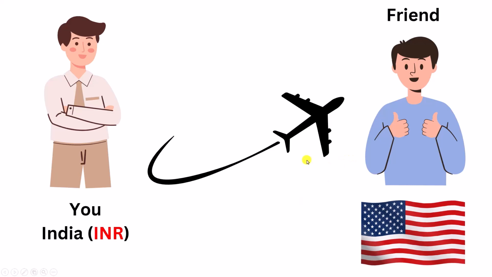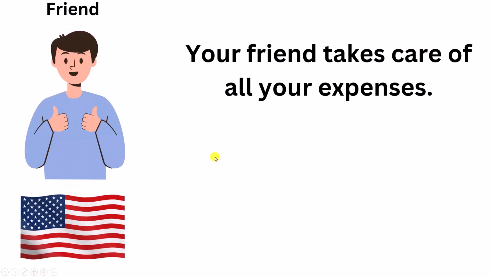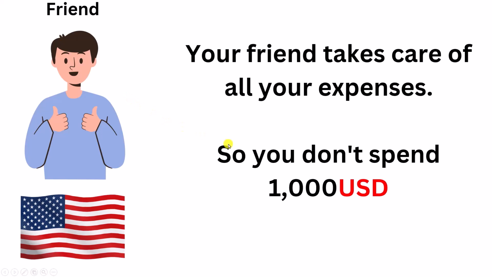Okay. Now your friend is kind, your friend is rich too. So he decides to take care of all your expenses. He doesn't allow you to spend even a single dollar. So during your entire stay, you do not spend any money. Alright?